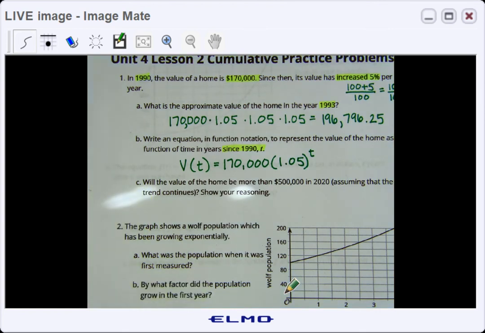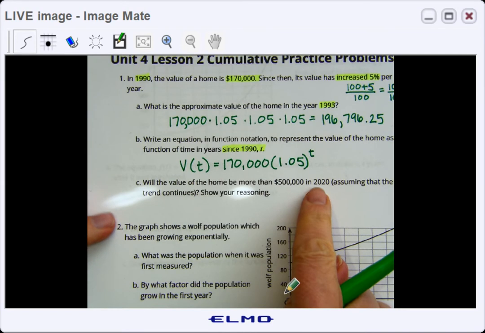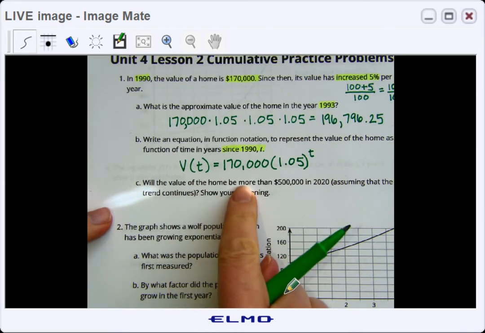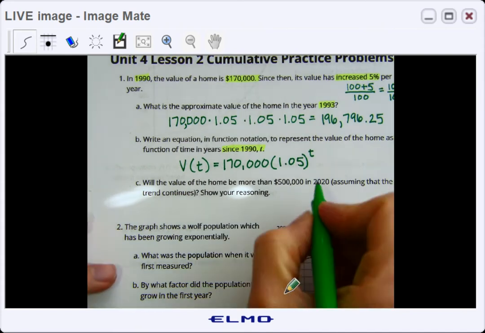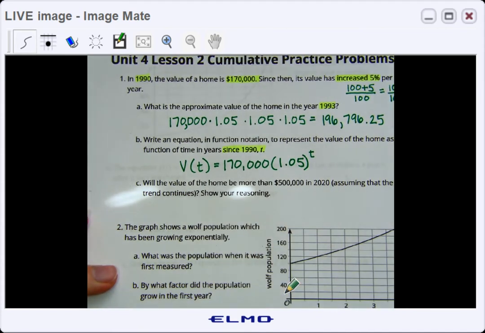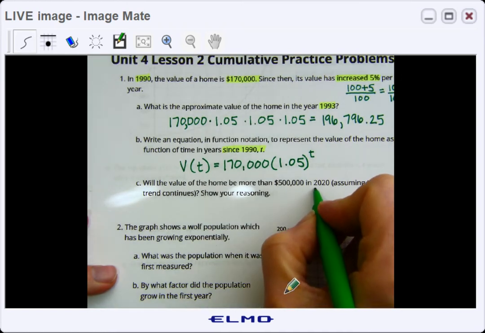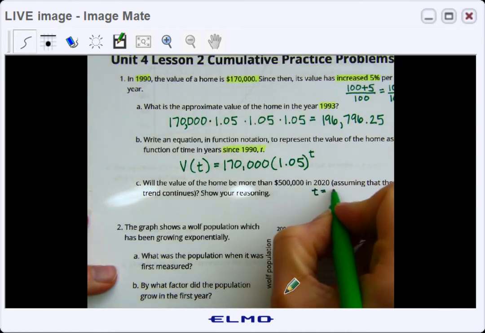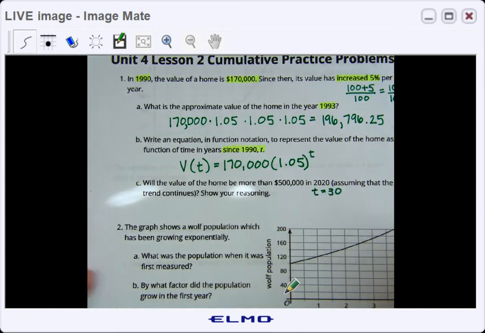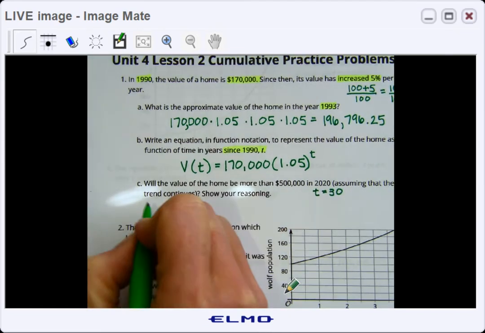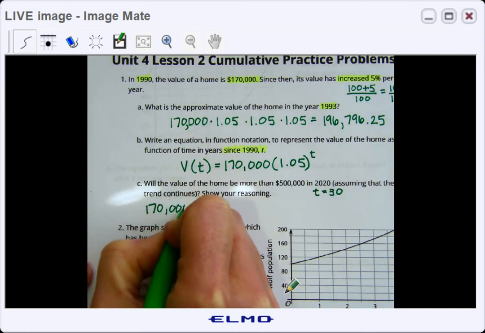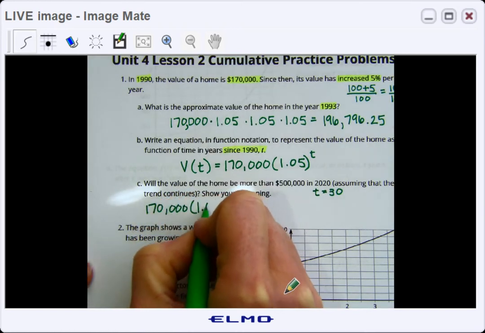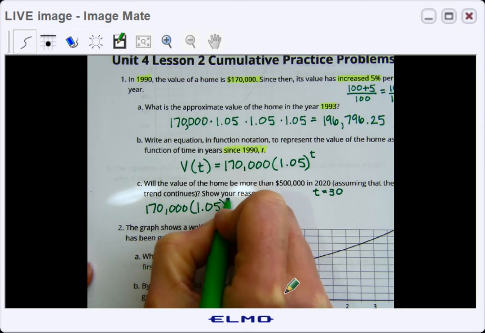And now in the year 2020, will the value of the home be more than 500,000 if this trend continues? So I'll just check. 2020 is 30 years since 1990. So I'll use a T value of 30. And then I'll just calculate 170,000 times 1.05 to the 30th.